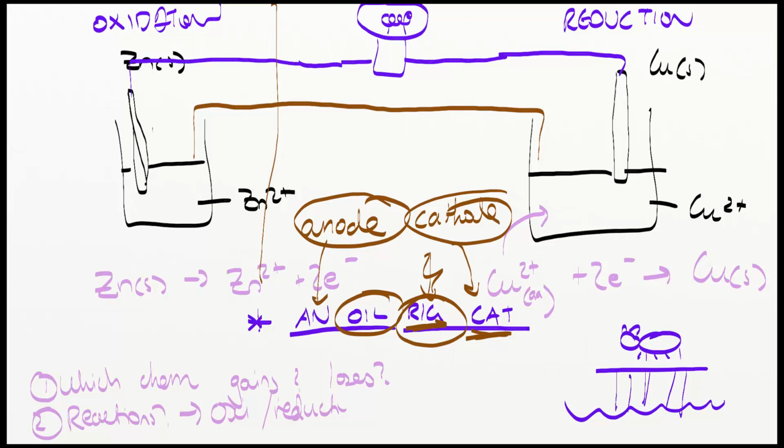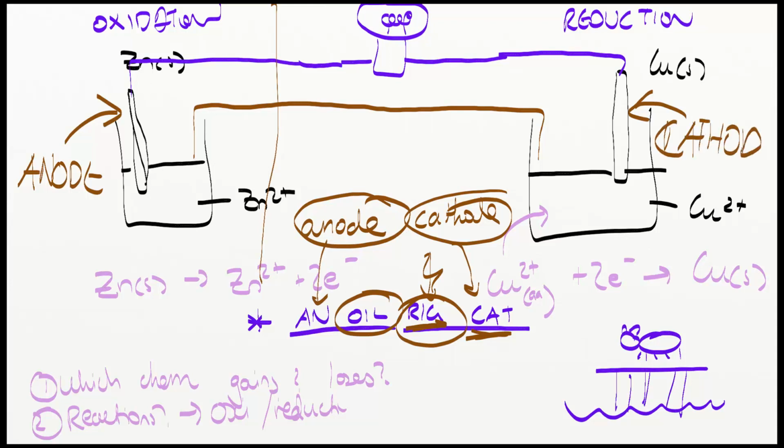So this place here is going to be known as what? An oil rig cat. So anode, oxidation. This thing here is known as the anode, whereas over here, this thing is going to be known as the what? Cathode. Very important to get very familiar with this. So anode and cathode.